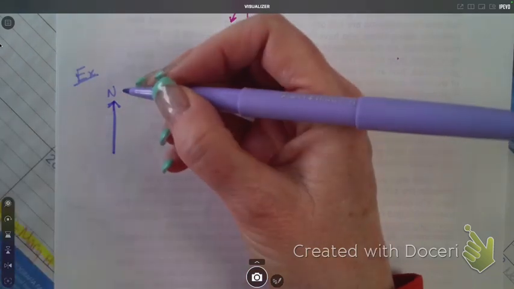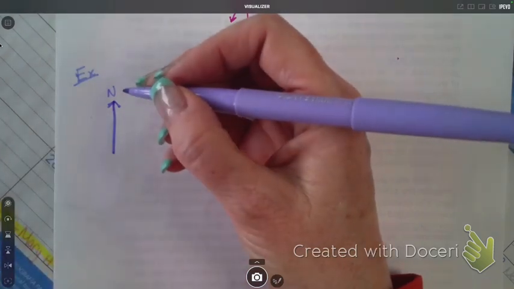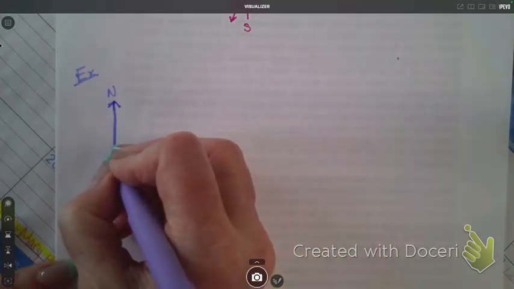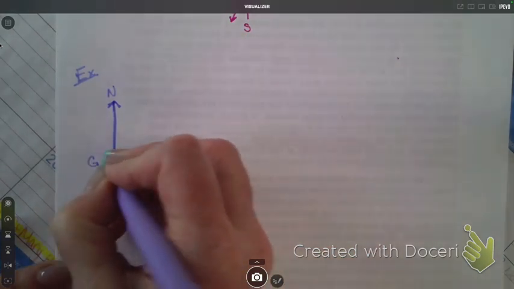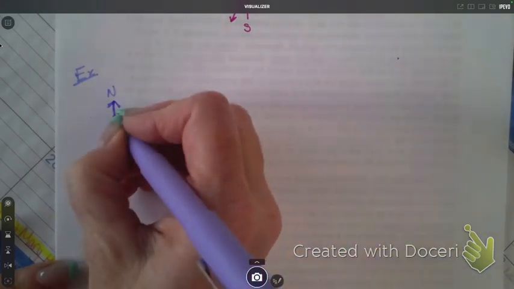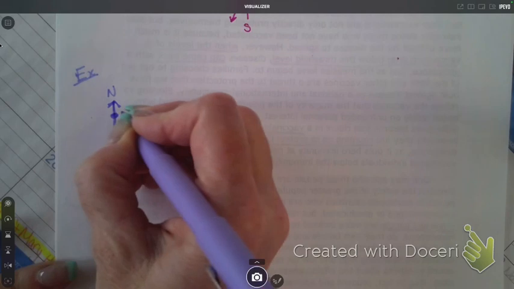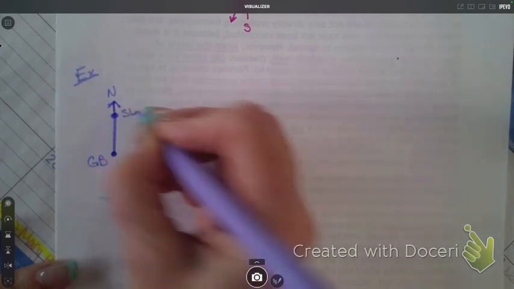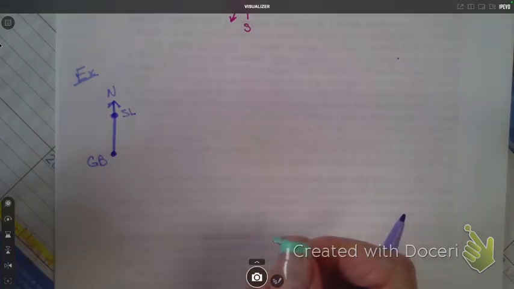And it says San Luis is 12 miles due north of Grover Beach. So down here is Grover Beach. San Luis is due north, so I stay right on my north-south line. Make sense?